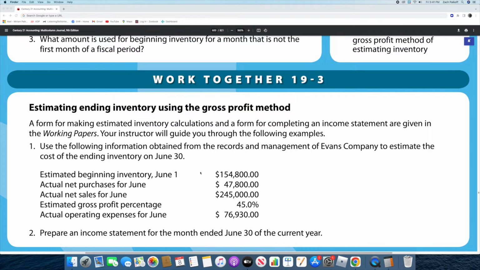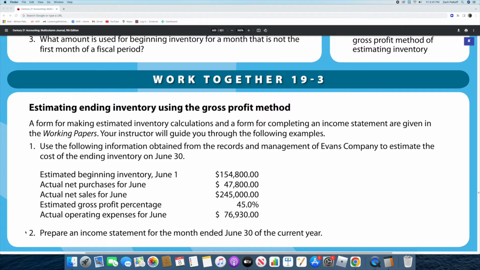All right, so as you can see here, we have the estimated beginning inventory on June 1st and the amount, the actual net purchases for June and the amount, the actual net sales for June and the amount, the estimated gross profit percentage and the percentage, and the actual operating expenses for June and the amount.